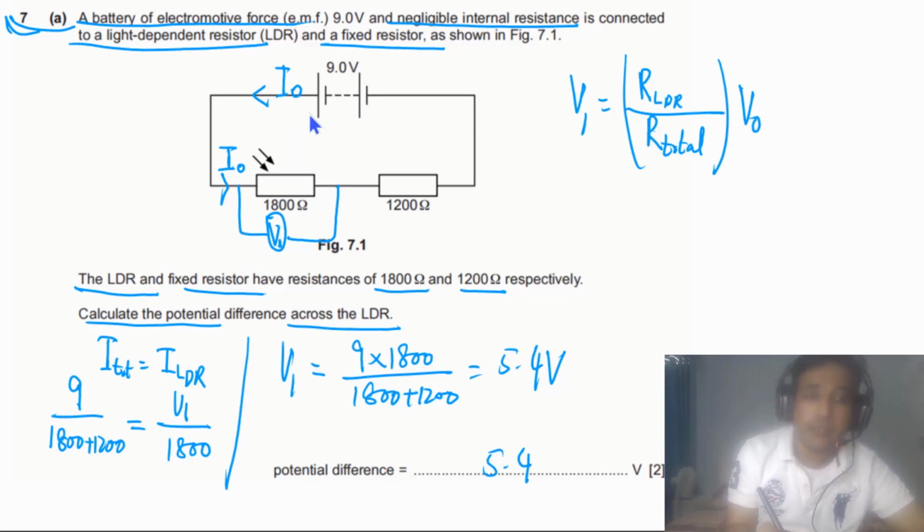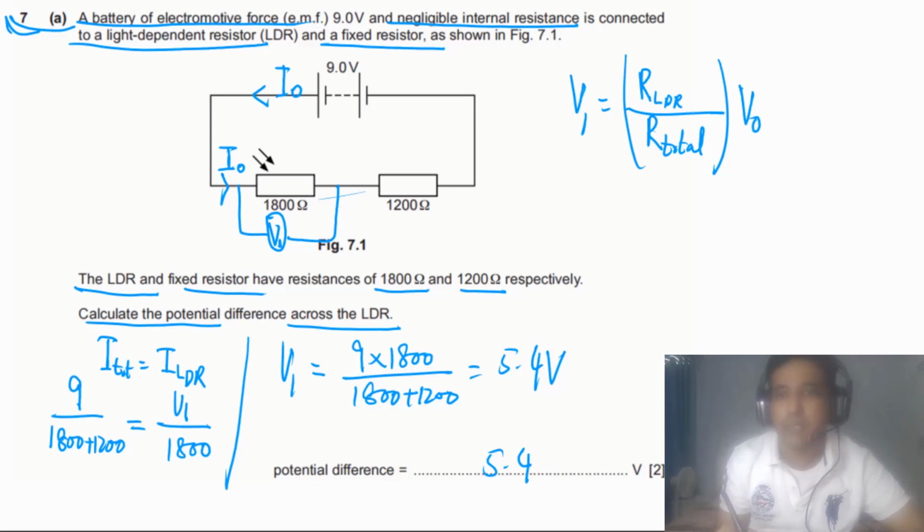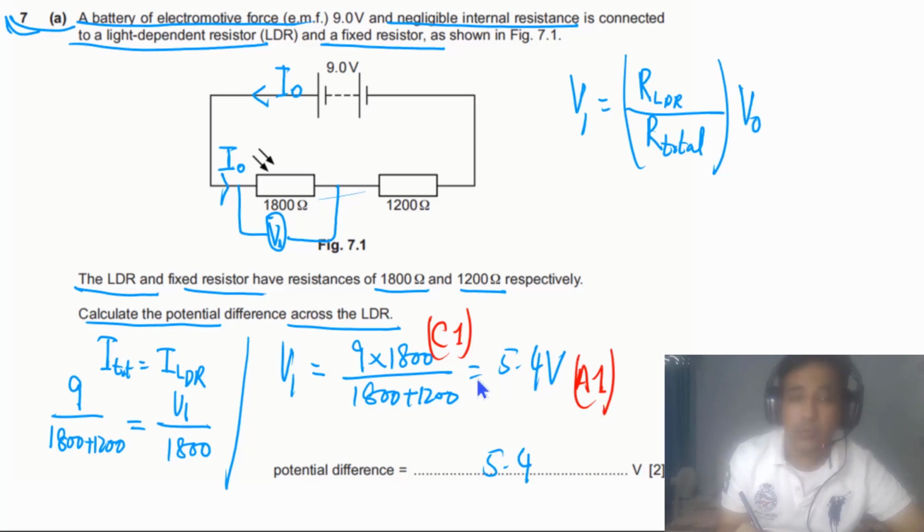Simply you can understand I is the same, total current is equal to the current passing through the LDR. So we can equate these currents and we can derive this one. So this is our final answer. This question has 2 marks, so you will get 1 mark if you have written this one. That one has to be the C mark, and the final mark you will get, that is answer mark, and if you have got the right answer, you will get 2 marks.